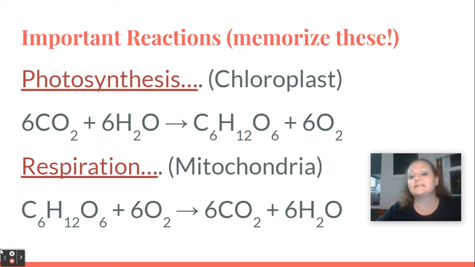And then 6 pairs of oxygen, because oxygen likes to hang out with a friend, 6 pairs of oxygen left over, 6O2. If we look at cellular respiration in the mitochondria, what we're going to find is the same process in reverse. A glucose plus 6 oxygen pairs is going to create carbon dioxide and water.